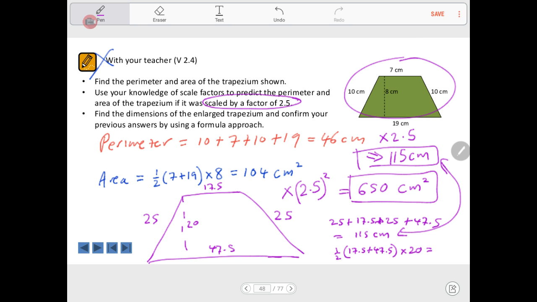Let's find out. Yep, that works for me, so that matches as well. So in that last part, finding the dimensions and just confirming through some calculations there. Okay.